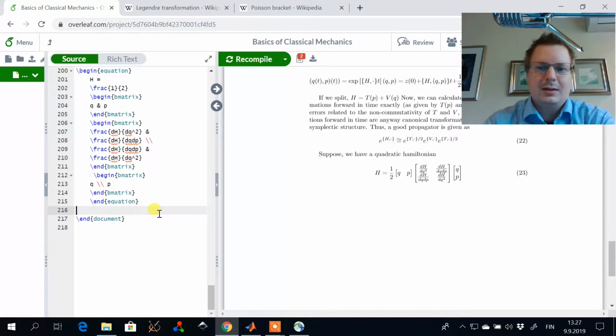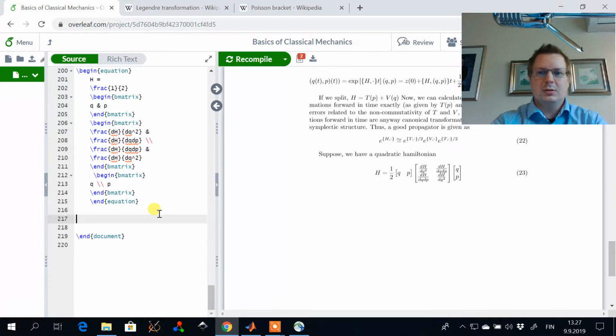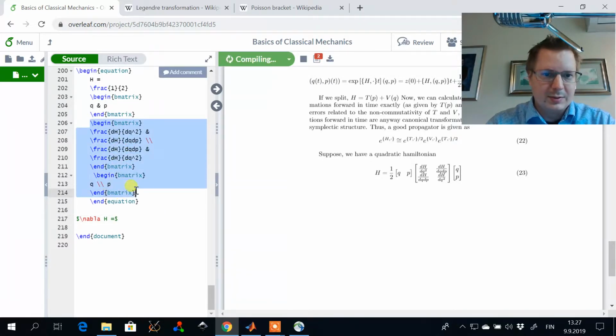And then we can define the gradient of this one. So we have like nabla h, and that will be just given as this part.